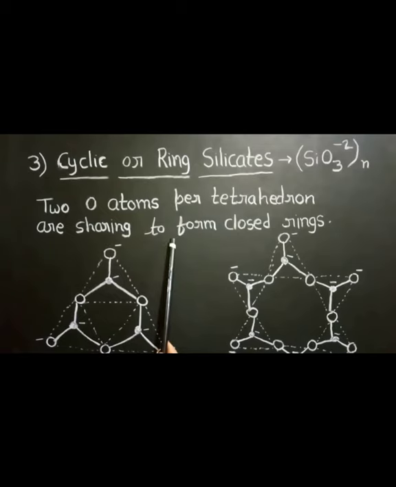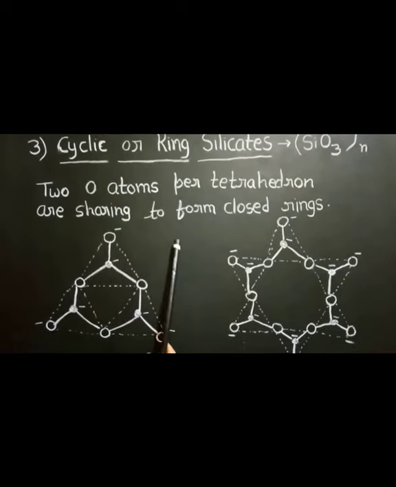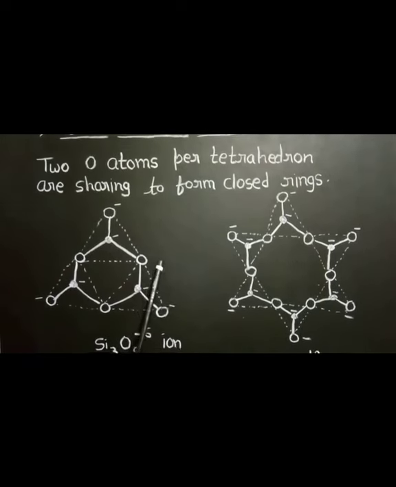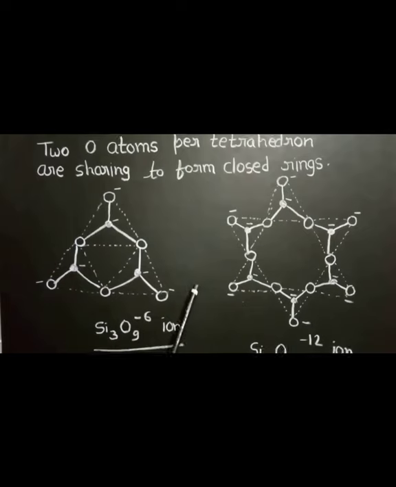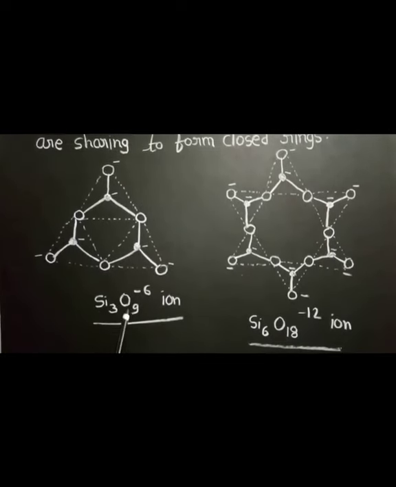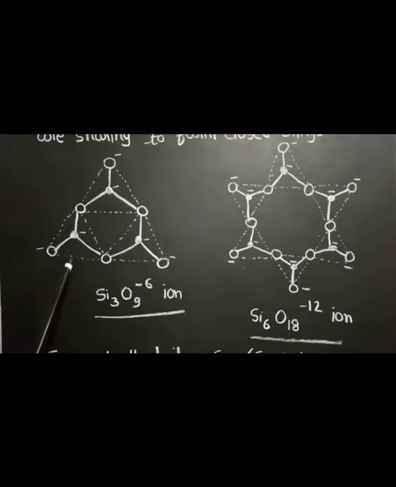If we combine 3 units together, we get a closed chain structure. So silicates which contain (SiO3)n 2n minus ions, formed by linking 3 or more tetrahedral units, are called cyclic silicates. Each silicate unit shares 2 of its oxygen atoms with the other unit.